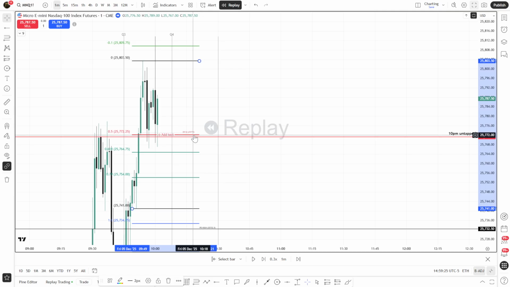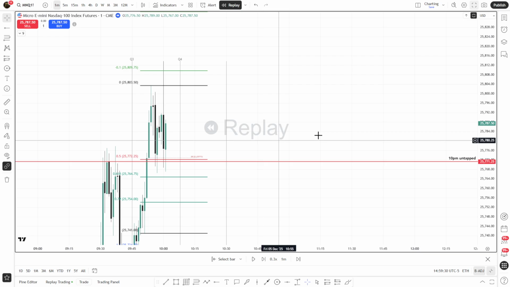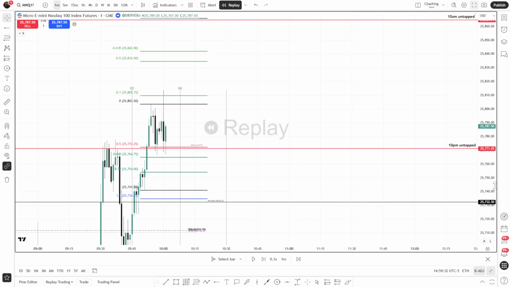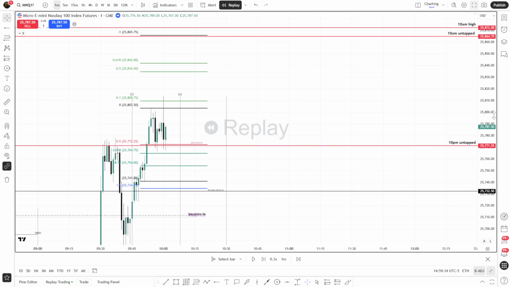We can also see candle bodies are holding the 953 root time level. Okay, and then we have a big push away from that. Back into the range, fair value gap, push higher.